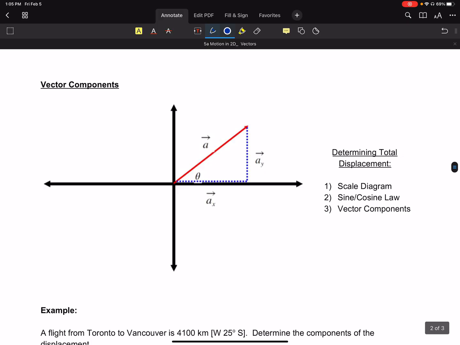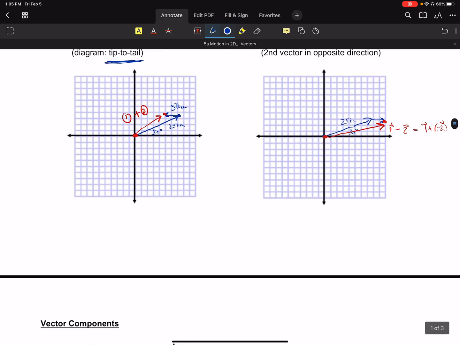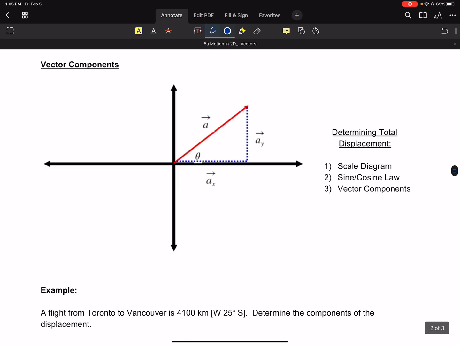As you can tell here, we're just creating a lot of triangles. So we're going to use a lot of trigonometry to solve these algebraically. The way we're going to focus is using vector components. Okay, so this works for a lot of different problems. If you look at this diagram here, we have a vector A, that red line going up and to the right.